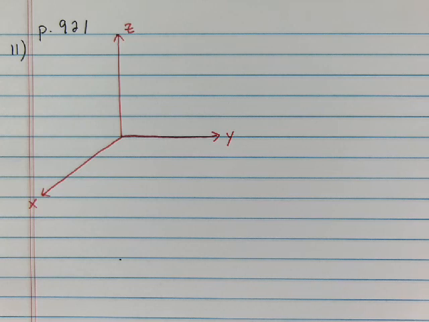So it tells us that we have the solid region inside the sphere and outside the cylinder. It doesn't specify a top, and they say above the XY plane. So they give us our bottom.